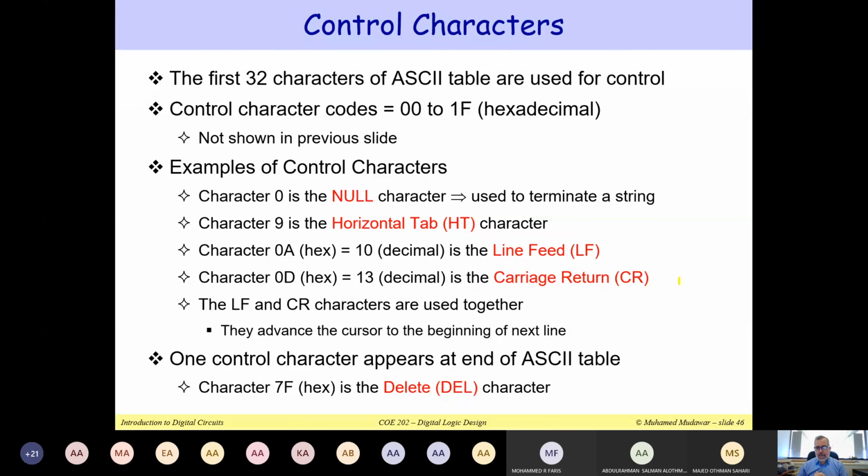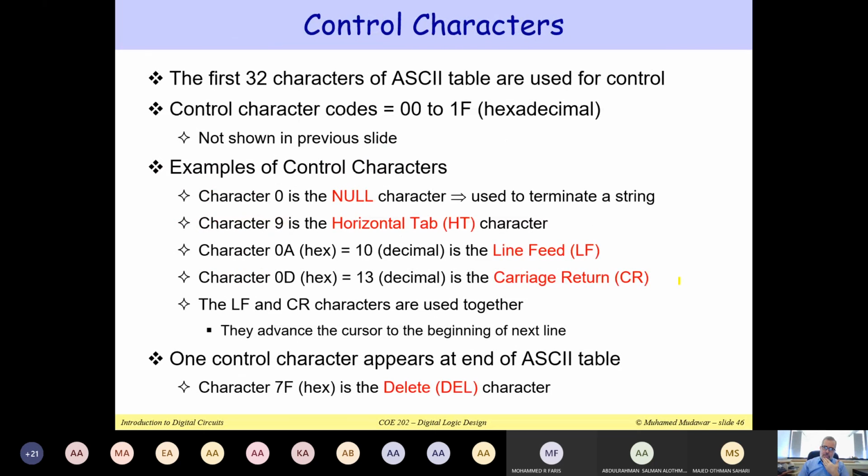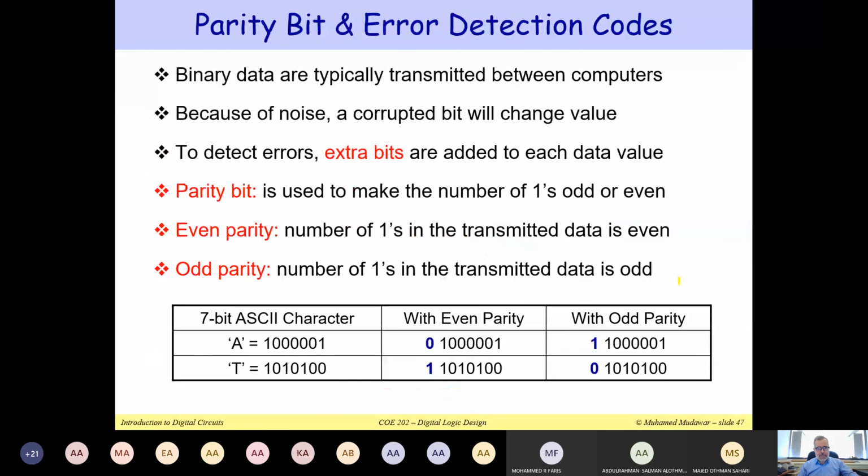Anyways, these are called control characters. They are not really printed. You don't really see them in a file, but they are stored inside the file. That's it about this presentation.